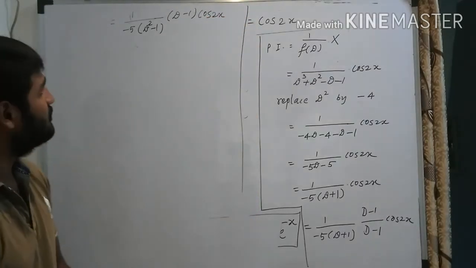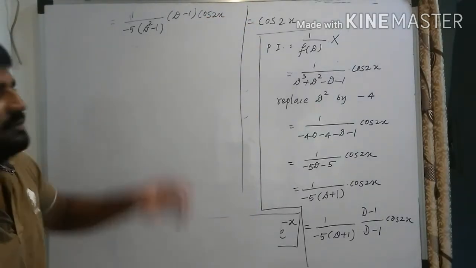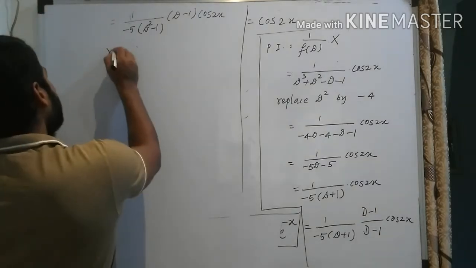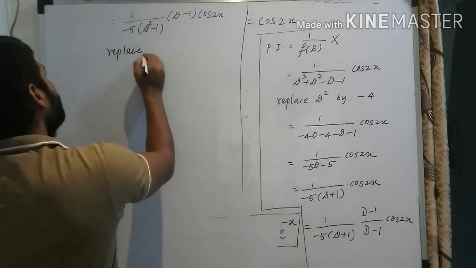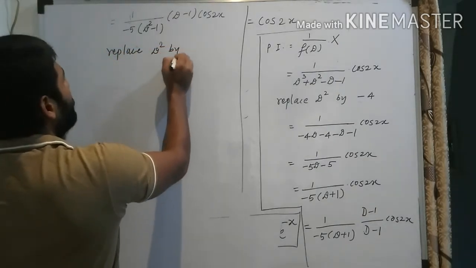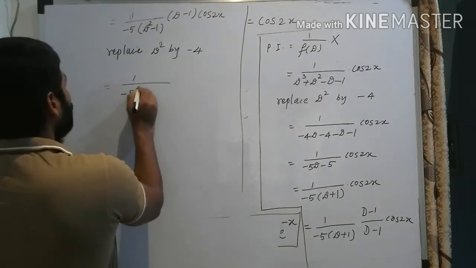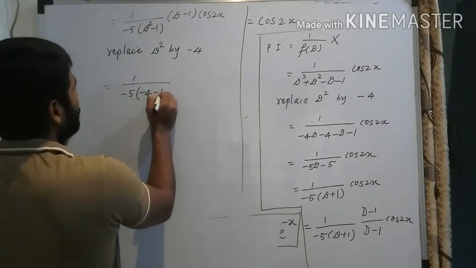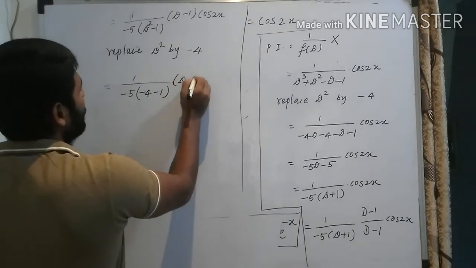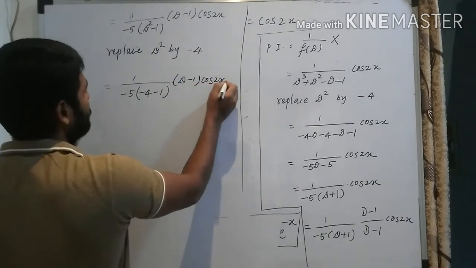Now again follow the same procedure, replace d square by minus a square, that is replace d square by minus 4. So we get 1 upon minus 5 into (minus 4 minus 1), here d minus 1 as it is, into cos 2x as it is.